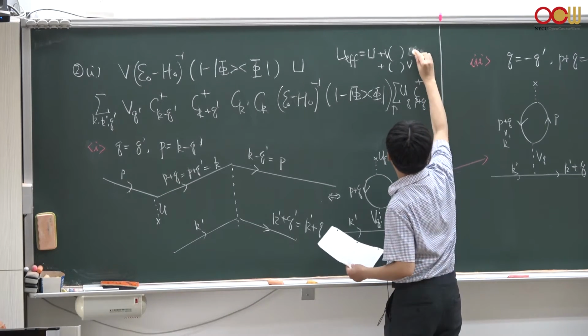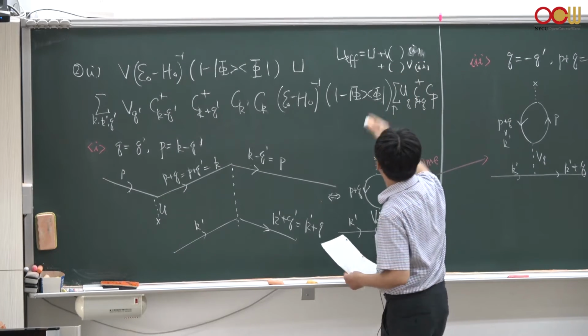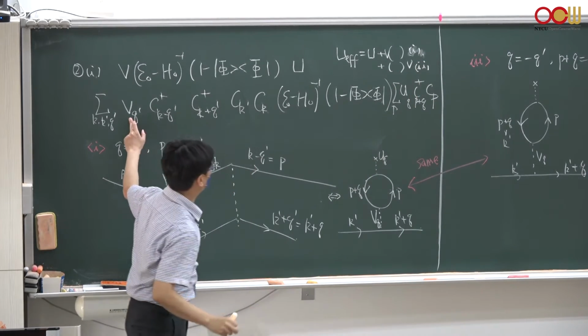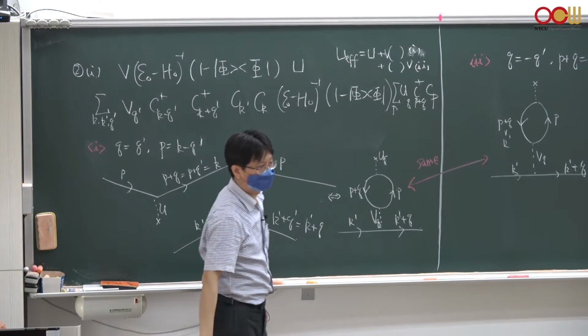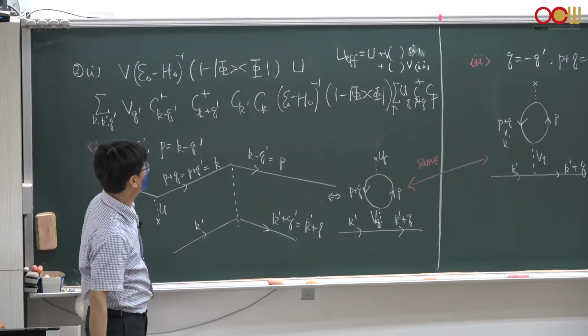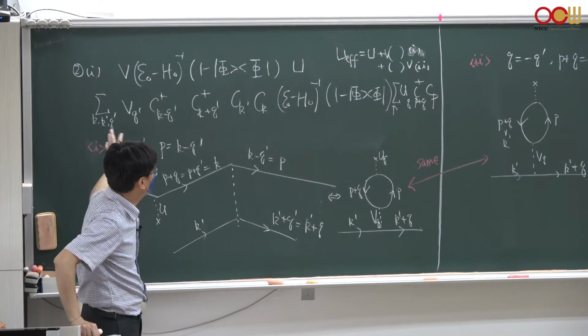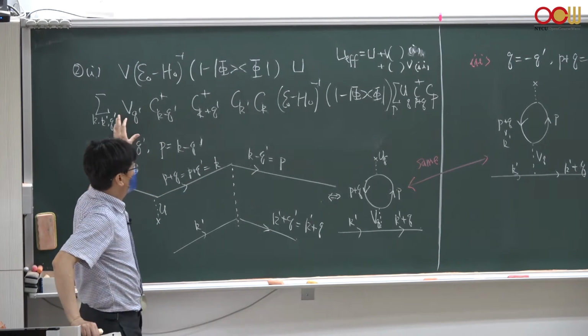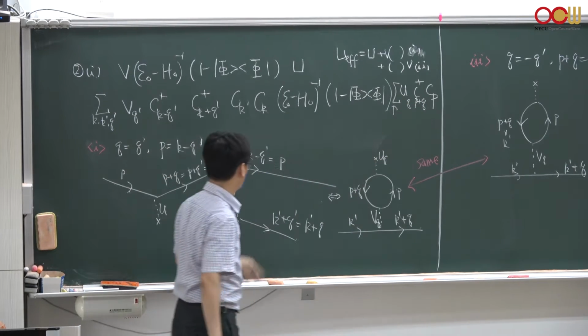The first contribution at the second order is when V comes first and then U arrives later on the left, and the second term is the reverse order, where V appears on the right and U to the left.